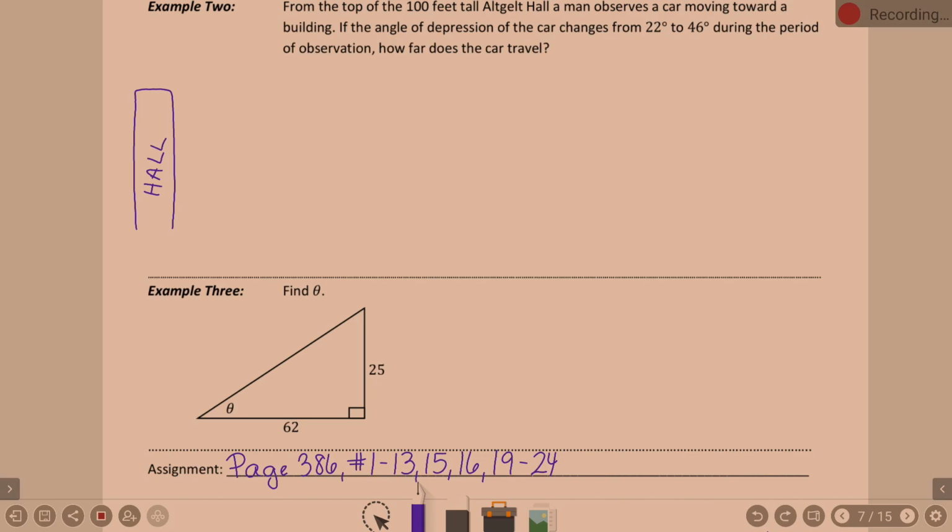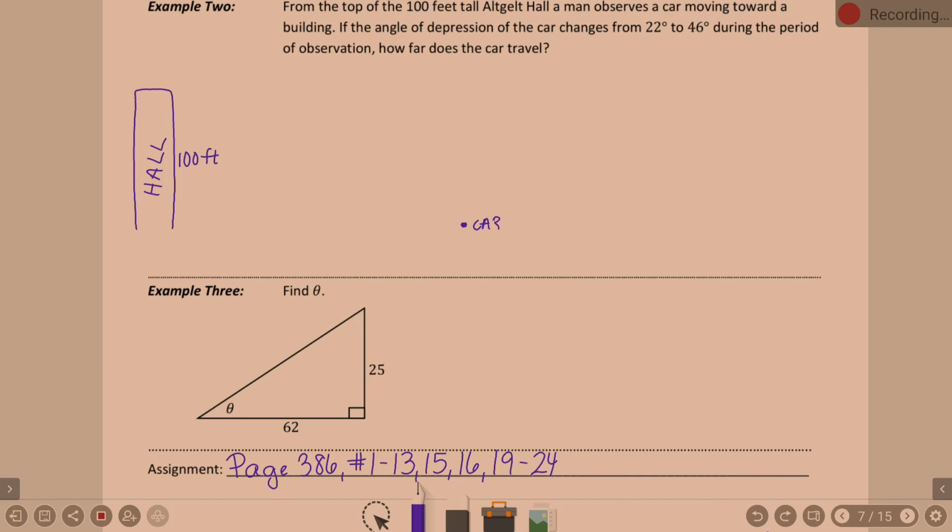Here is my fancy Altgett Hall. This is from the top of a 100-foot tall hall, right? A man, so we have a man standing on top. He observes a car moving towards the building. So somewhere, and I'm going to make it quite a bit over here, somewhere we have a car over here.